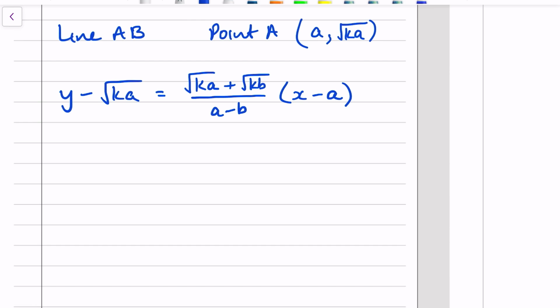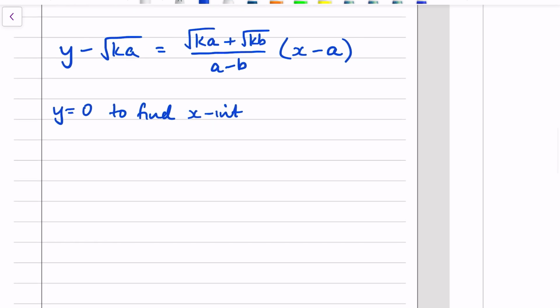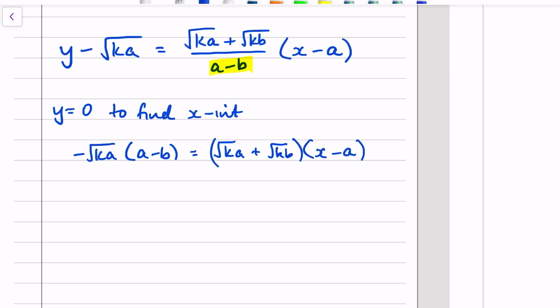Now we're going to set y is equal to 0 to find the x-intercept, which we don't know is k, we're trying to prove that. And then we're going to do some rearrangement, so minus root Ka all multiplied by A minus B. I'm going to get rid of that fraction by moving the denominator upwards, is equal to root Ka plus root Kb all multiplied by x minus A. And I'm going to solve this for x.